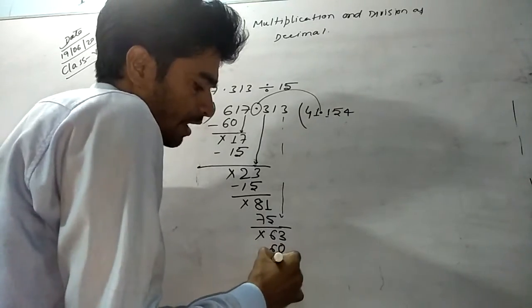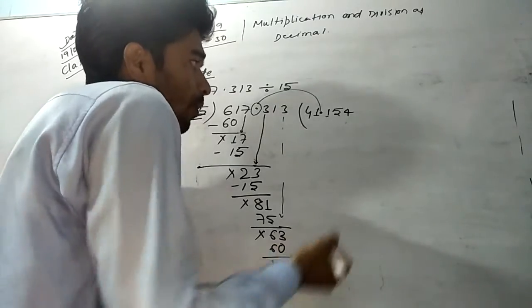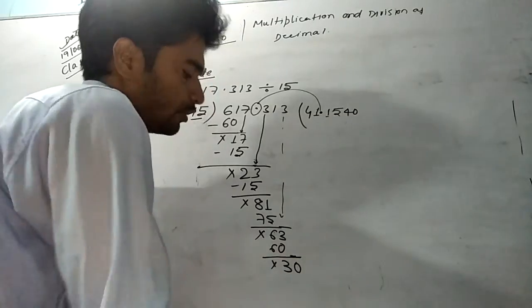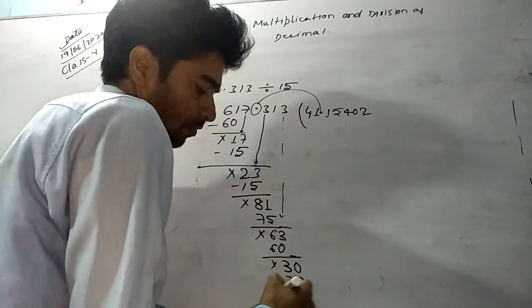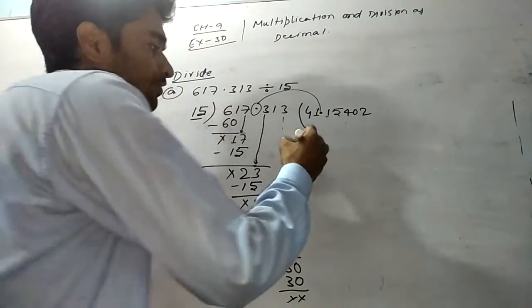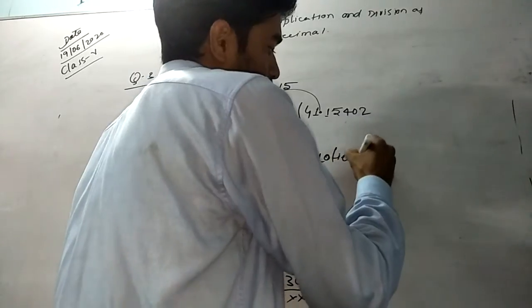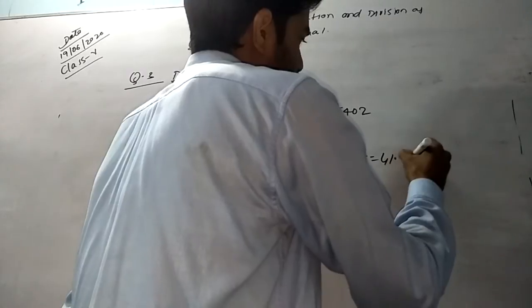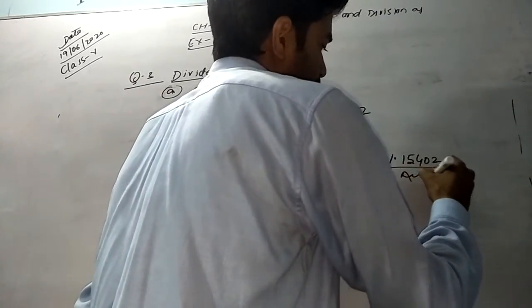This is 3 and this is cancelled. Now put 0 here, and 15 twos are 30. So this is cancelled. So the quotient equals 41.15402, and this is your required answer.